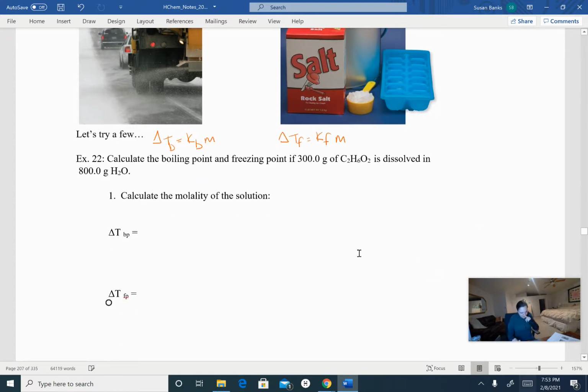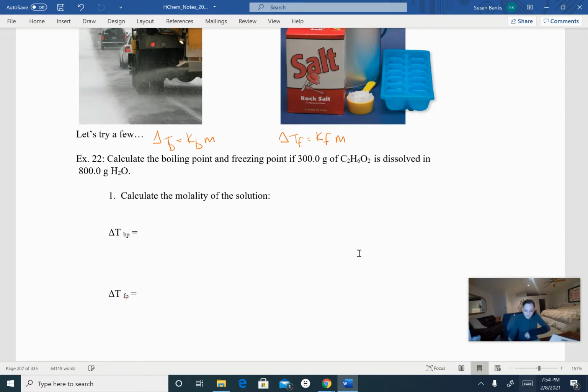Okay, so let's talk about this. We want to calculate the boiling point and the freezing point if I have 300.0 grams of C2H6O2, and that is ethanol, dissolved in 800 grams of water.